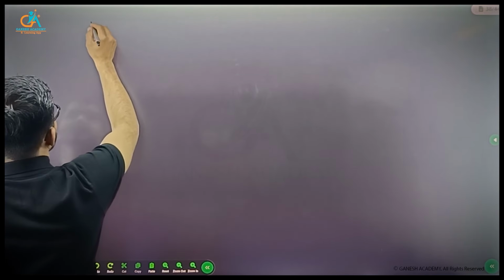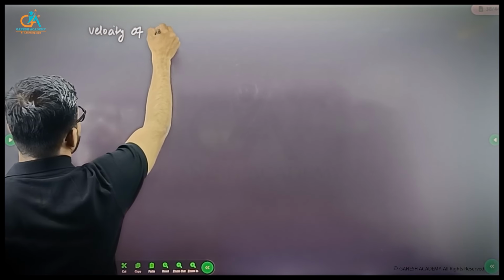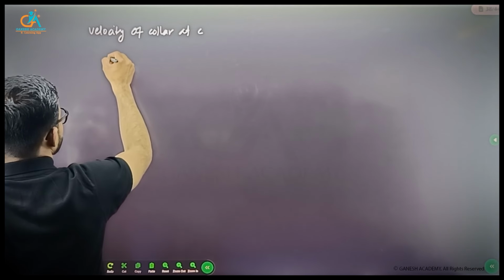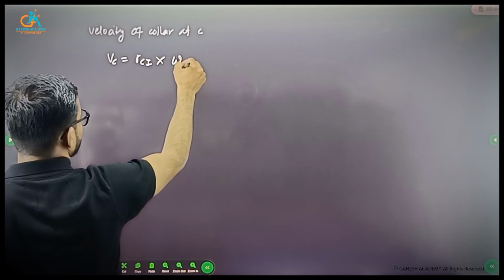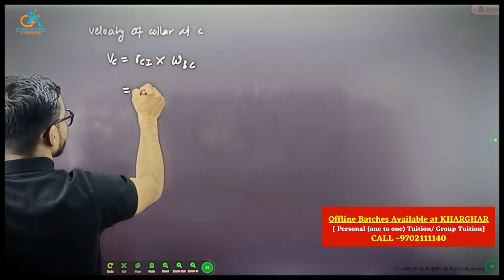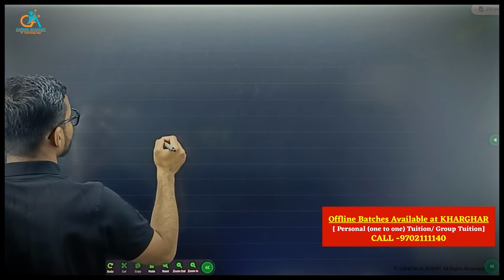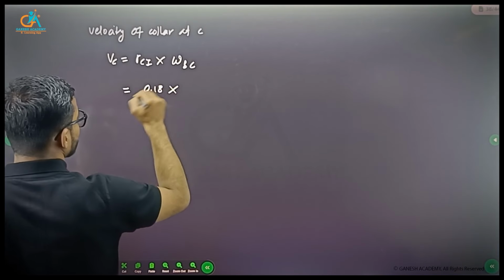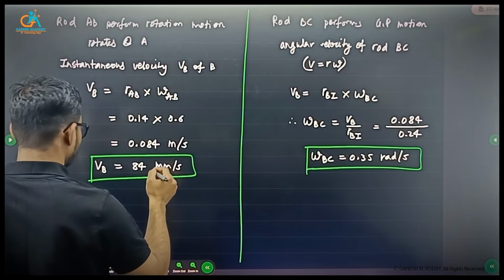So VC is equal to RCI into omega BC. It is 180 mm, that means 0.18 meter, and angular velocity is 0.35.